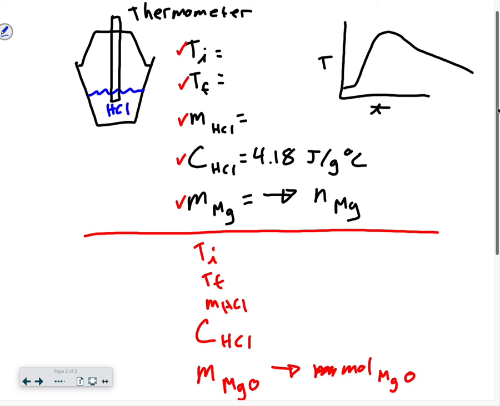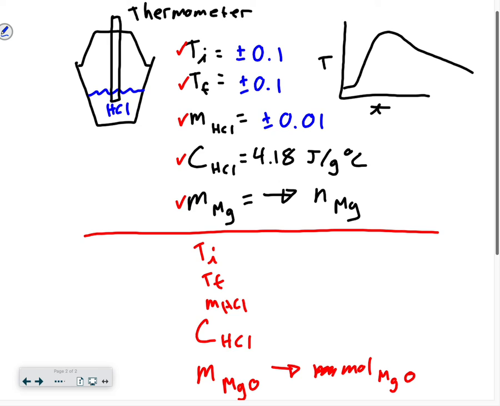Now, we also have to worry about error propagation. The decimal place is going to give you plus or minus 0.1 on this one. So you have to worry about sig figs on your temperature, 0.1. For your mass, I don't think we need to do the analytical balance.